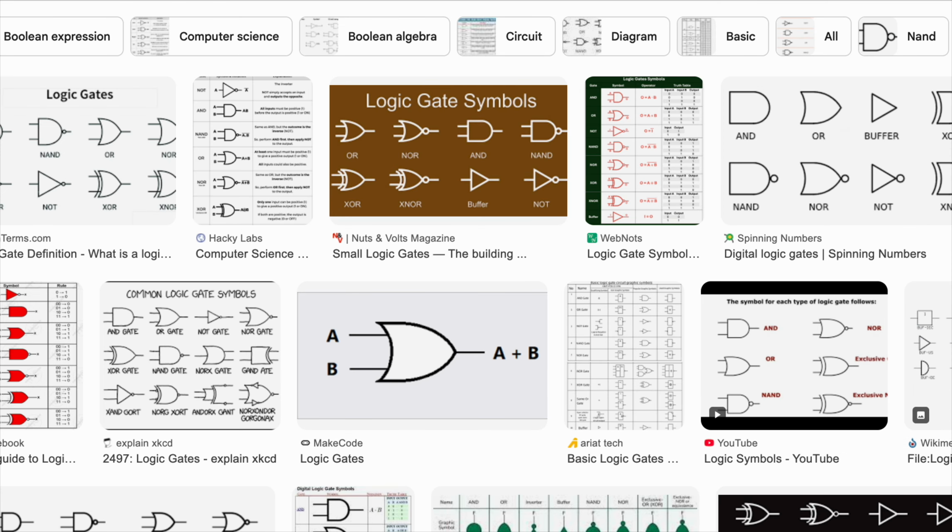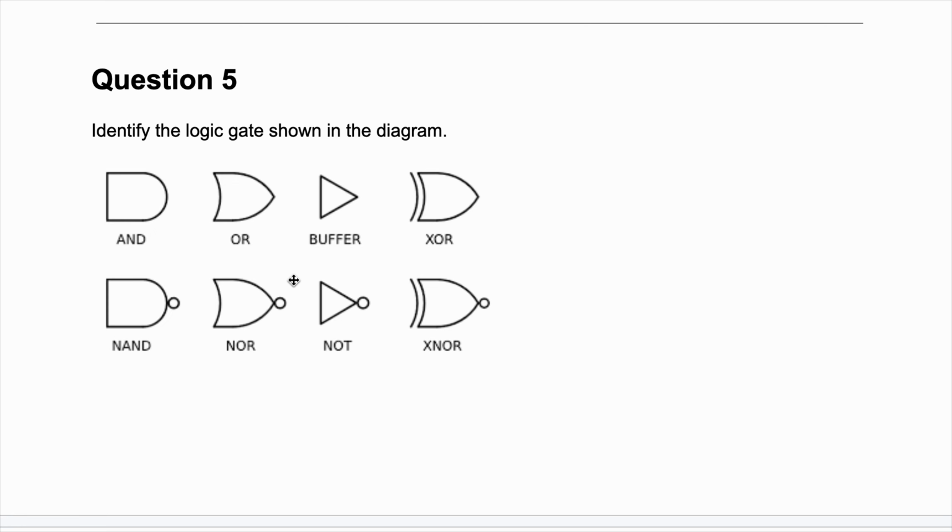Copy image. This question is not complete. So this is AND, this is OR, buffer, XOR, NAND, NOR, NOT.